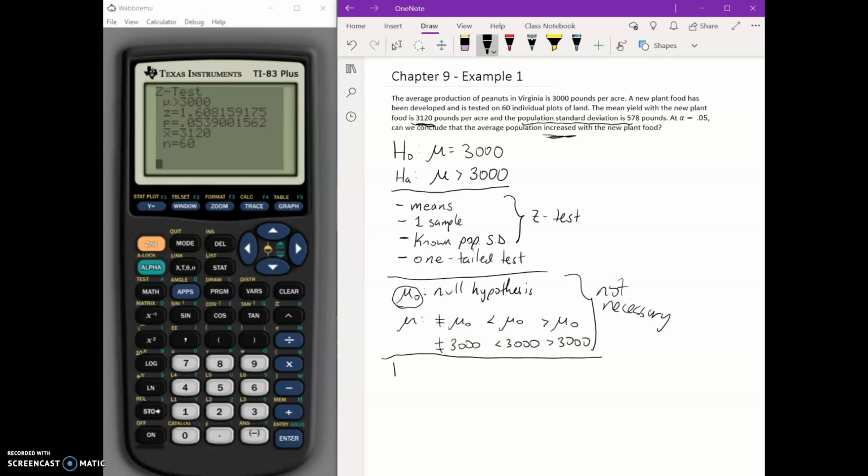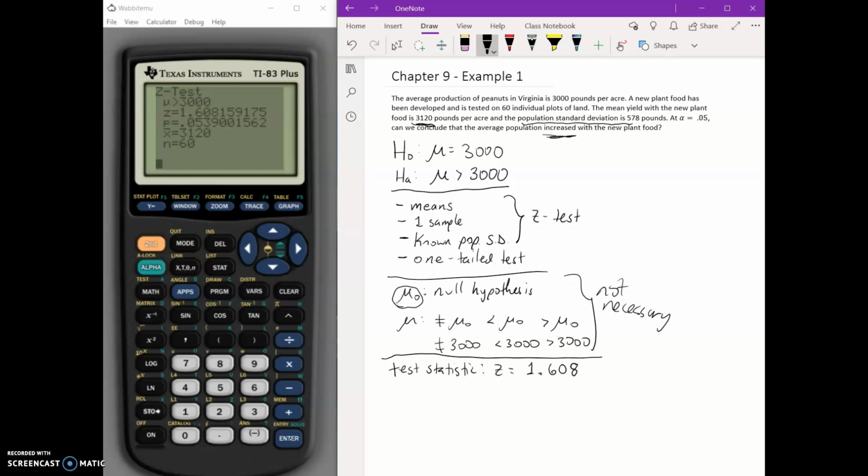So we have something called the test statistic. Our test statistic in this case is z is equal to 1.608. Now z should be familiar. We have z-scores, and we've calculated lots of things with z is equal to.